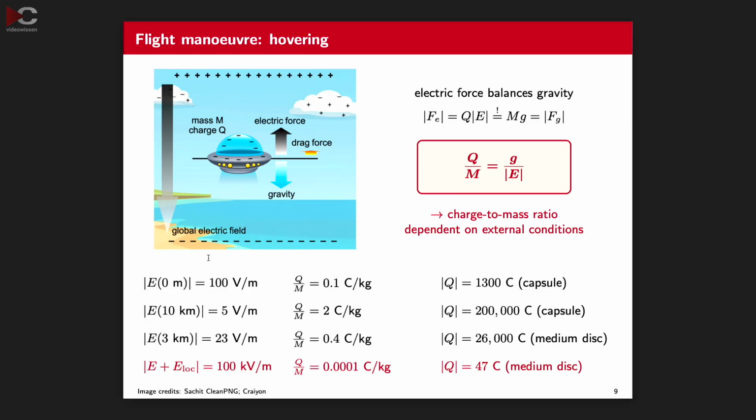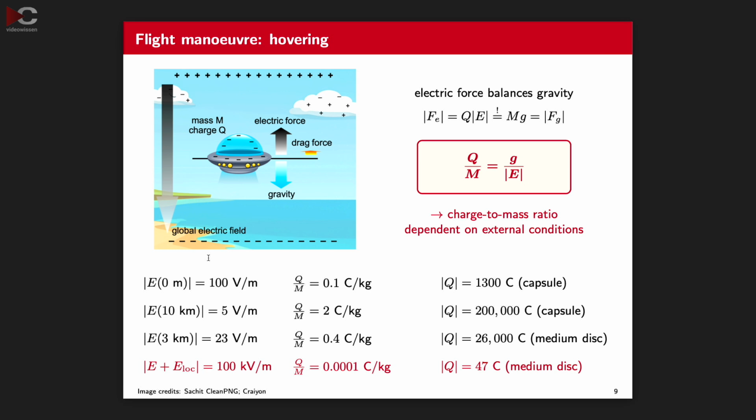So having our three different vessel types, we can now calculate the Q over M ratio for these three different types of UFOs and see what charge I would have to put on a UFO in order to make it hover. Let's start with a very simple case. We assume that we have a tic-tac UFO which is hovering very close to sea level.